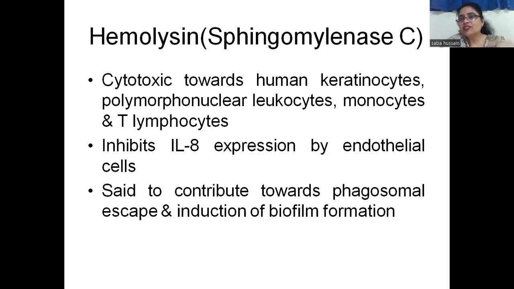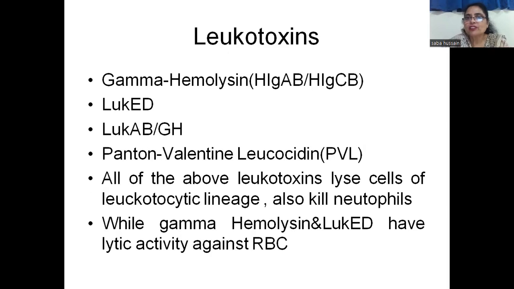Molecular biology has made it possible for us to see which strains are expressing which molecules. So this hemolysin beta, or sphingomyelinase, is said to contribute towards biofilm formation. Remember that.